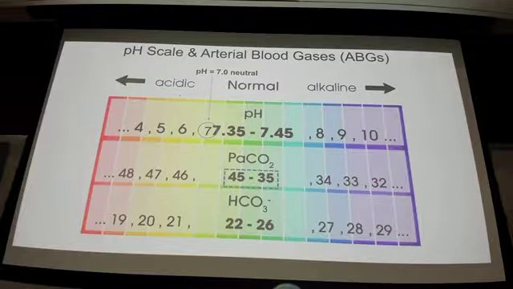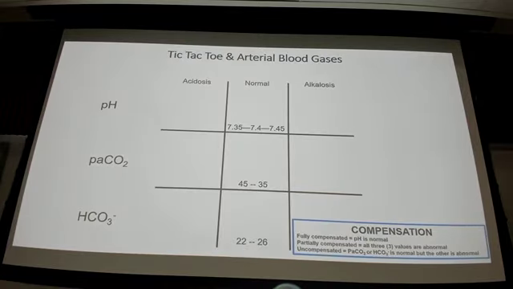In addition to the compensation table telling you what the values mean and whether partial, full, or no compensation is occurring in arterial blood gases, remember the tic-tac-toe method. I would use this to set up your equations or your calculations when we're looking at arterial blood gases.